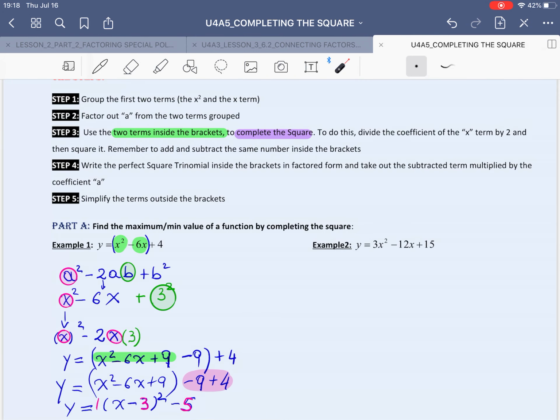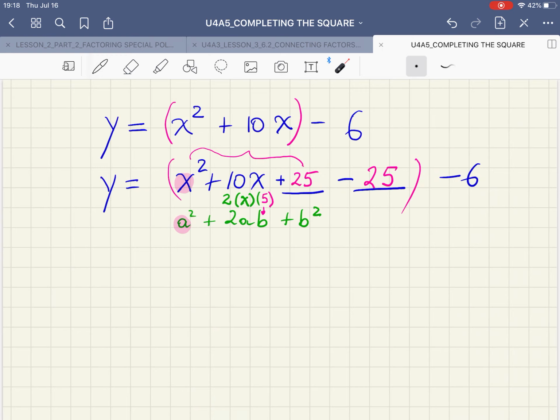And if you look at our example before, half of the coefficient 6 was our b value. That always happens, because you have a squared plus 2ab plus b squared. Your b value is going with the number 2, so 2b. So this number 10 will carry double the value of b. To find b, you just take the coefficient of x and divide by 2.